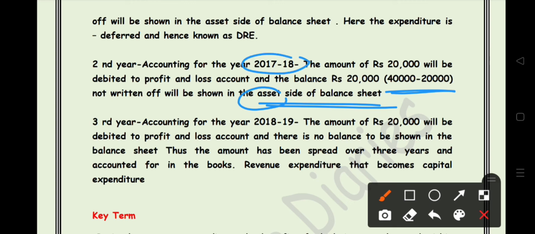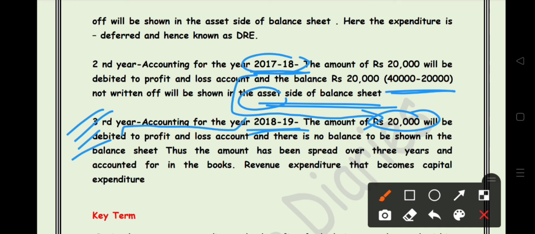Now let's proceed to the third year of accounting. In the year 2018-19, the remaining 20,000, which we recorded in the year 2017-18, will now be debited to our profit and loss account. So as per this, we will end up having a nil balance on our asset side.